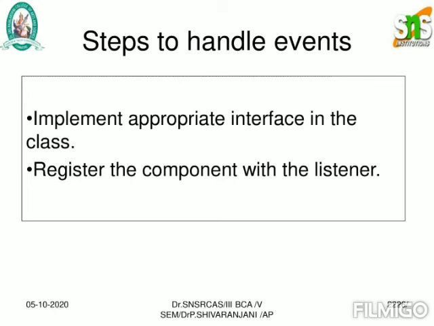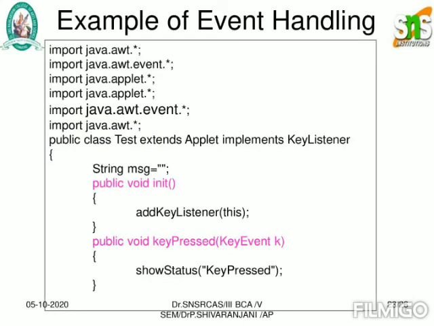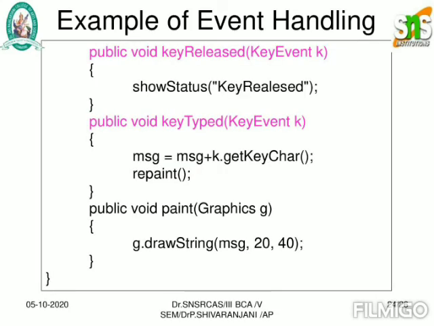Here I have used AWT components and events, and I'm going to create an applet window. When a key is pressed, it displays the message "key is being pressed". For that I have used the function keyPressed, and when the key is released, it displays the message "key is being released".